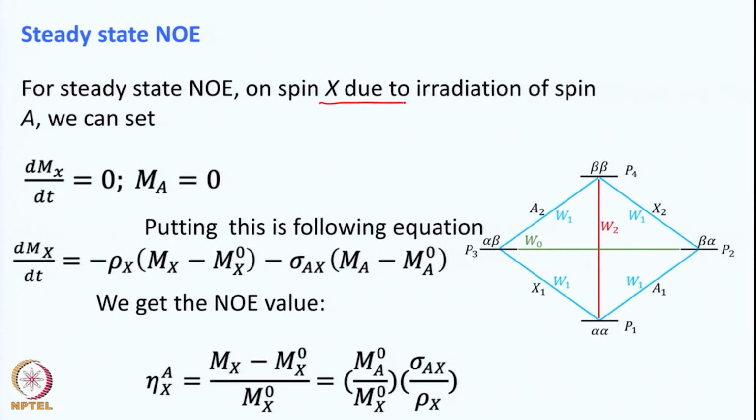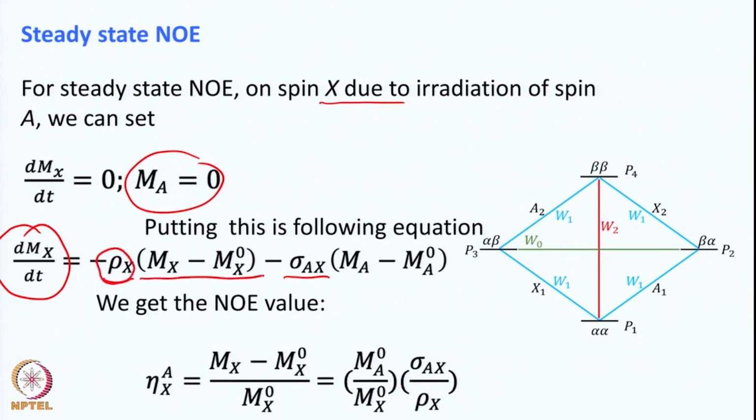So, we irradiate spin A and look at the effect on spin X. MA can be 0 and we look at how Mx changes with time. We put that in the master equation, and the change of population of the X spin with time will be given by rho and sigma.